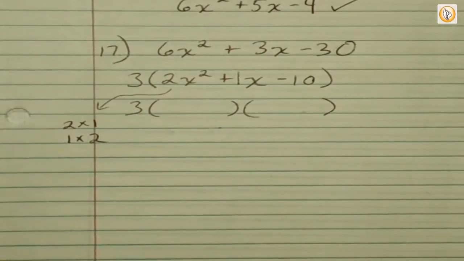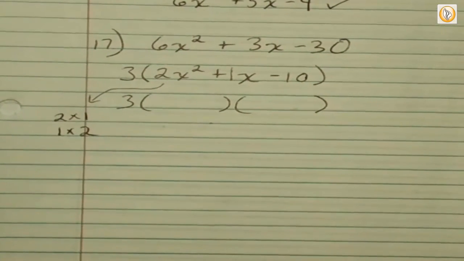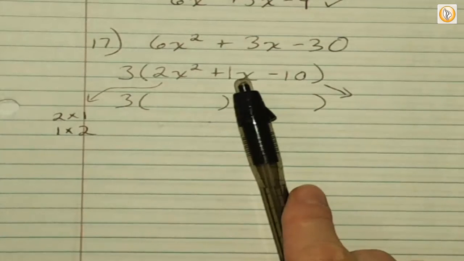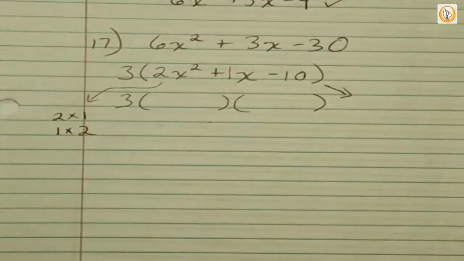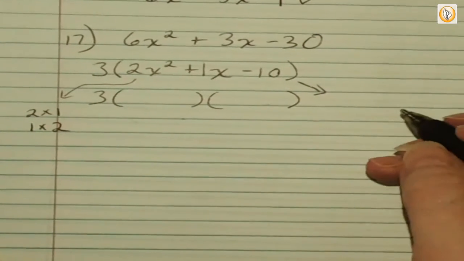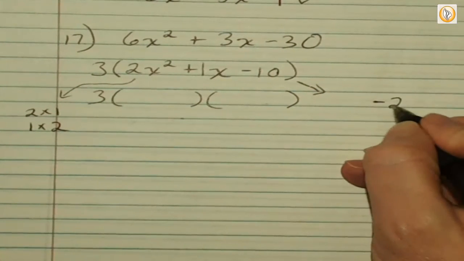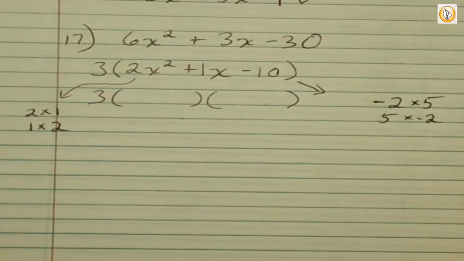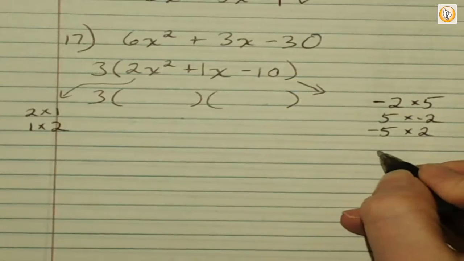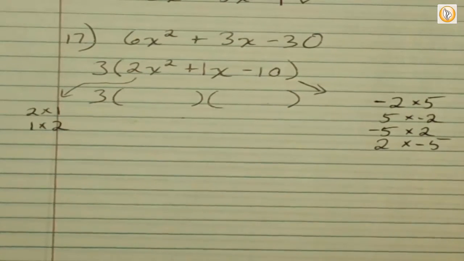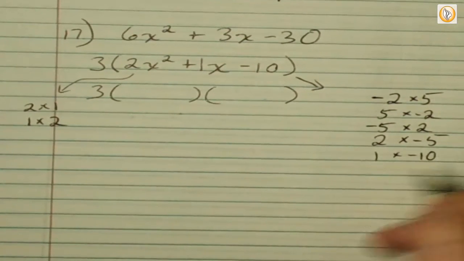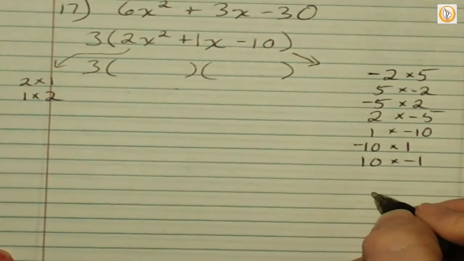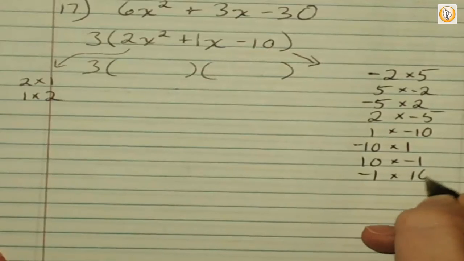Isn't that going to be nice? That's better than the 6 that we did earlier. And then, what are the factors to get negative 10? Keep in mind, we want a positive middle number. So this one's going to have to be 1 negative, 1 positive. We can do negative 2 times 5, or 5 times negative 2, negative 5 times positive 2, positive 2 times negative 5, 1 times negative 10, positive 10 times negative 1, negative 1 times positive 10.